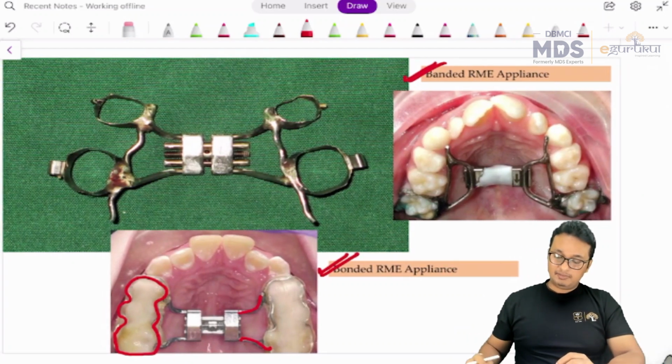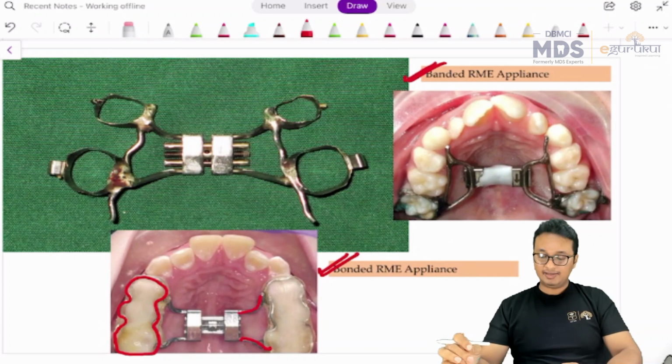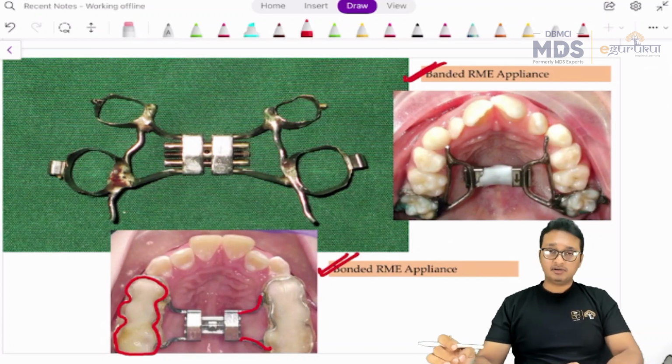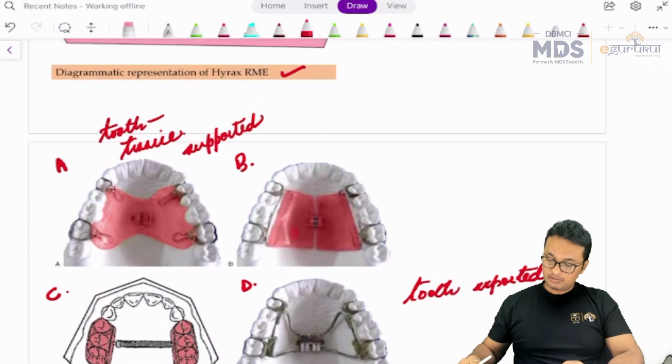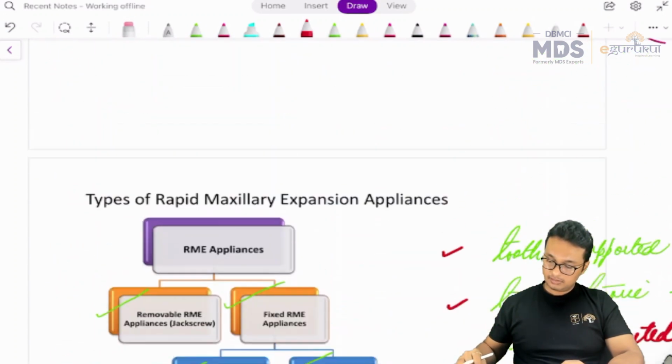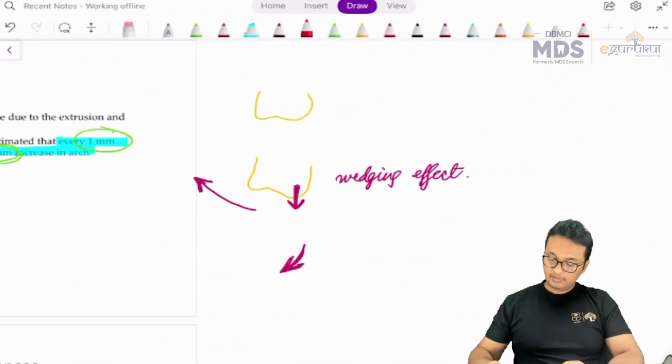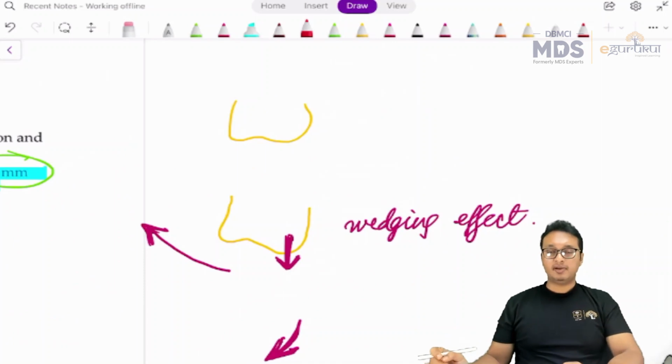So banded RME basically is required in cases of horizontally growing patients, and bonded RME is required in patients who are vertically growing. So now I had already told you about one of the drawbacks, which is the wedging effect. One of the drawbacks of maxillary expansion is the wedging effect.